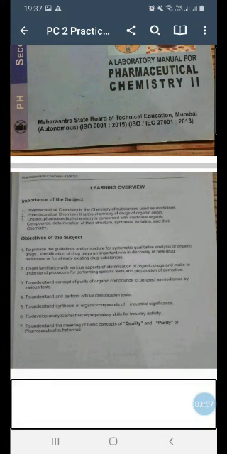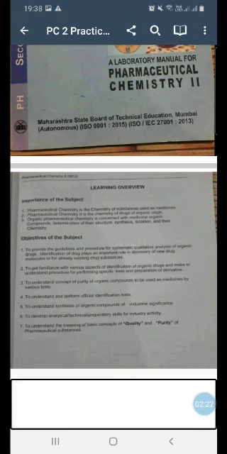So in the third experiment, a liquid compound will be given to you, and you have to follow a particular procedure and find out the boiling point of that compound, so that you can come to know which compound it is, because every compound has a characteristic melting point if it is a solid, and boiling point if it is a liquid. So it is one of the identification tests also, you can say.